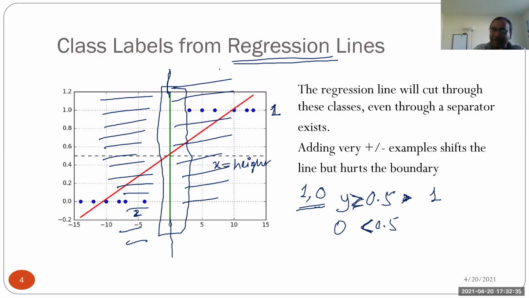So the natural thing that we have in linear regression needs to be changed. All right, we need to modify linear regression in such a way that we could identify this boundary, right, which is also called the decision boundary.